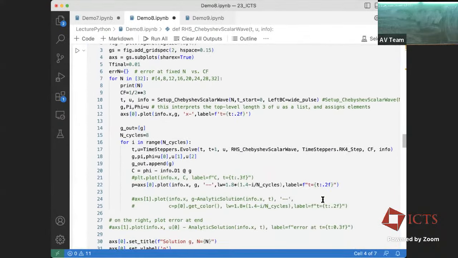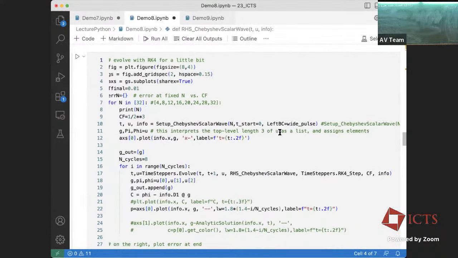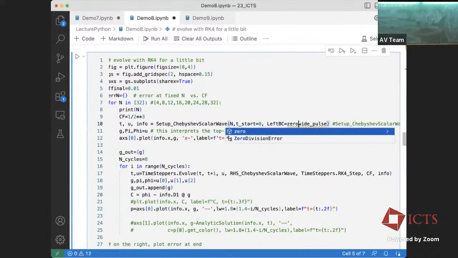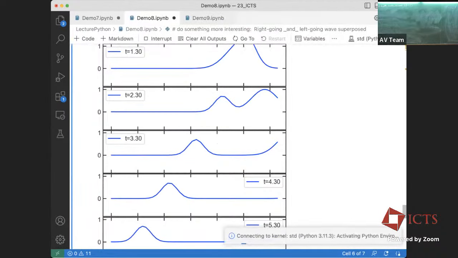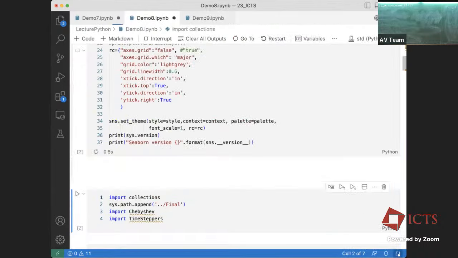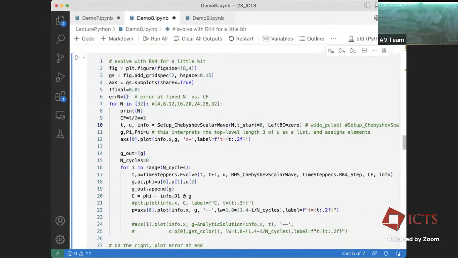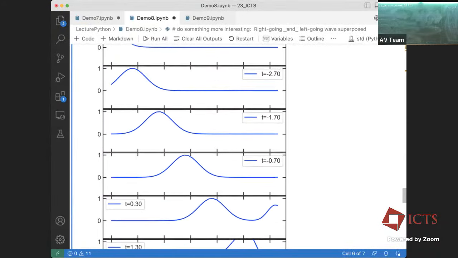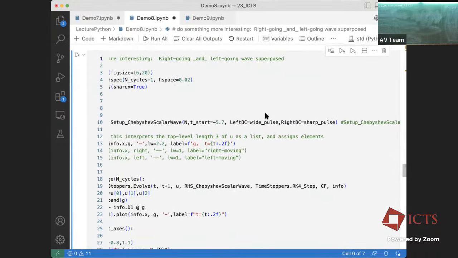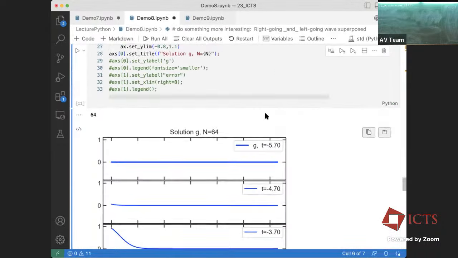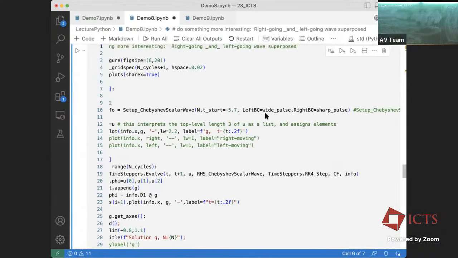So if I'm actually running all of this, let me run this first with zero boundary conditions. Okay, I need to re-evaluate everything. Let me just do this. It doesn't take very long. Wait a second, what am I doing here? That's the Chebyshev scalar field.